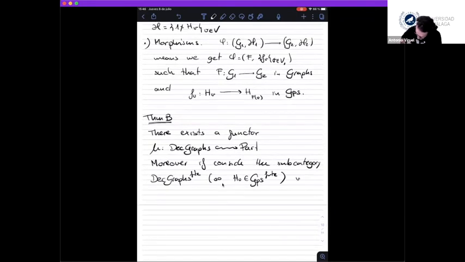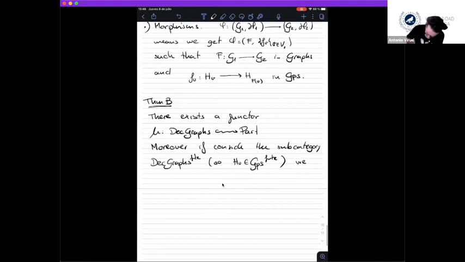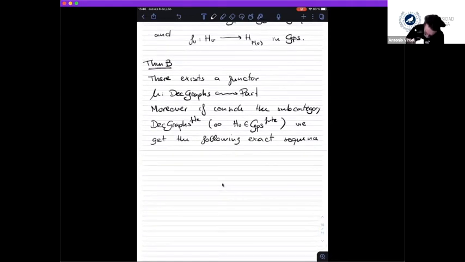We get the following exact sequence. So we get a product over v in V of Out(H_v).